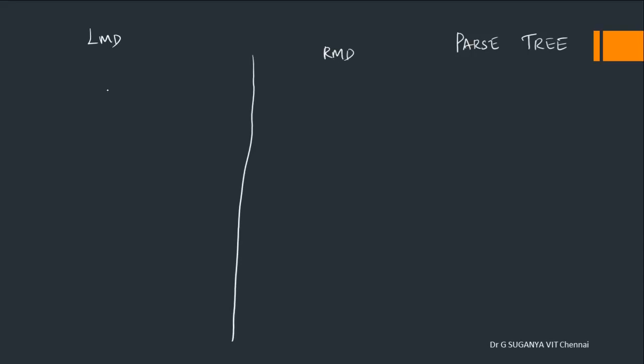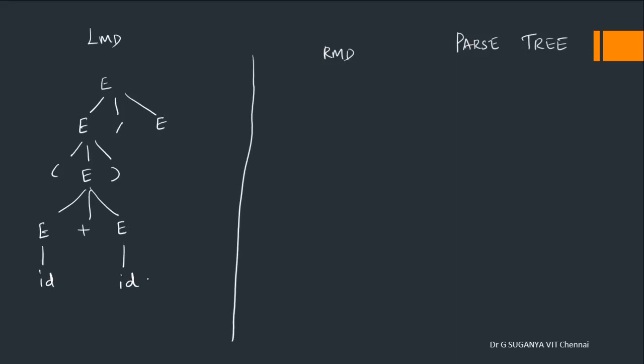It's not mandatory, it's just for understanding. E gives e slash e. Then this e should get expanded to within bracket. So this should again get expanded to e plus e. So e gives id, this e gives id. Yes, so this parenthesized expression of left bracket id plus id, again left bracket gets over, followed by this slash.